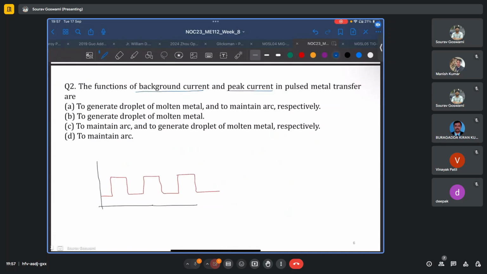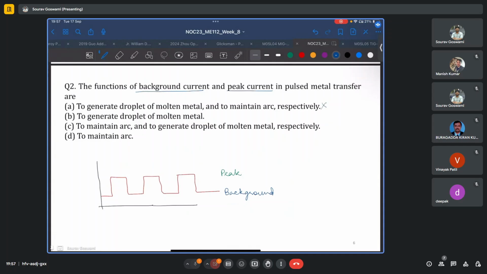And here we have these two levels. The lower level corresponded to the background current, whereas the higher level corresponded to the peak current. So is the background current used to generate droplet of molten metal, whereas the peak current maintains arc? This is incorrect.